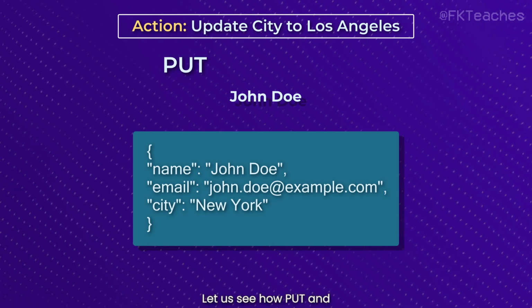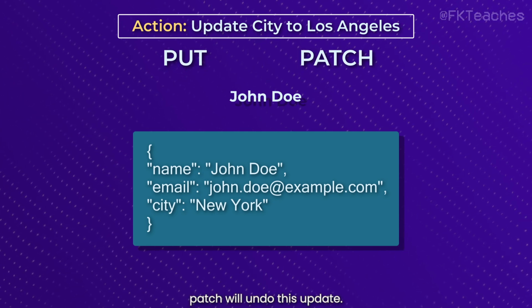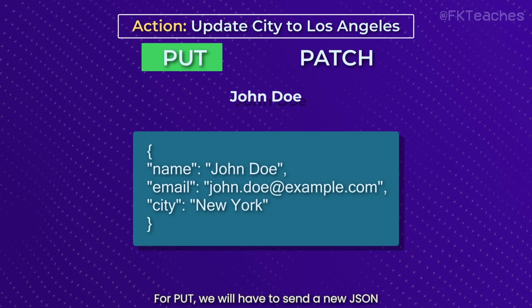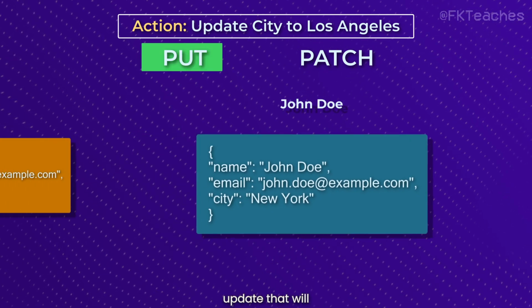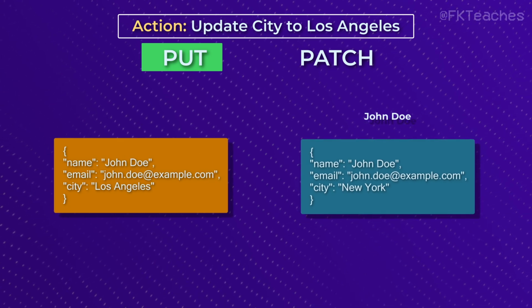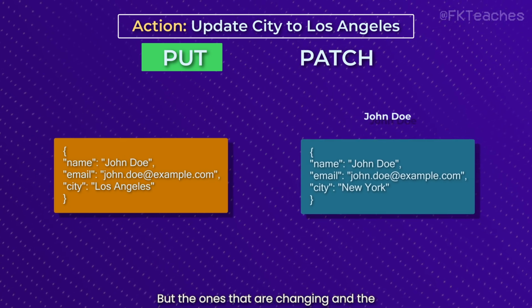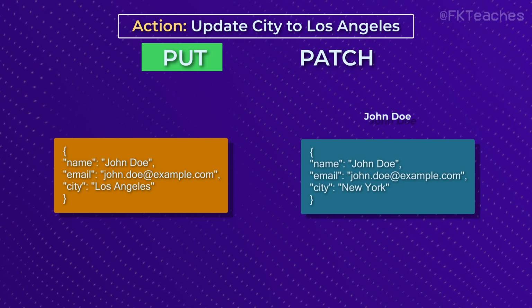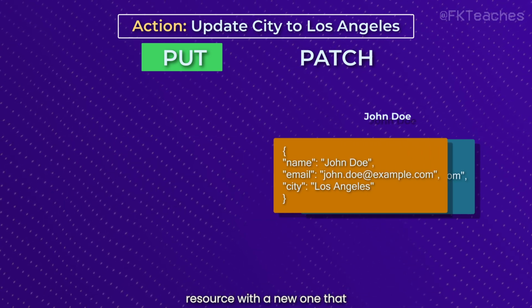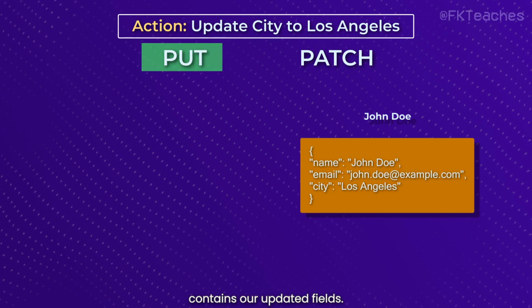Let us see how put and patch will handle this update. For put, we will have to send a new JSON update that will contain the entire details, both the ones that are changing and the ones that will not change. We will simply be replacing the entire resource with a new one that contains our updated fields.